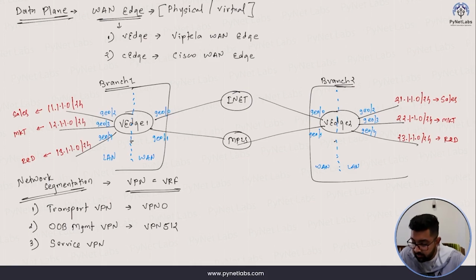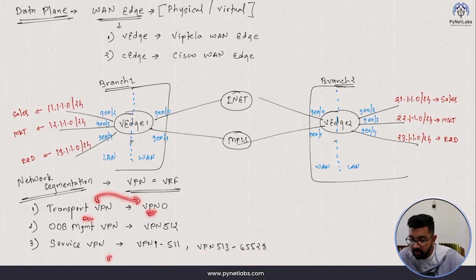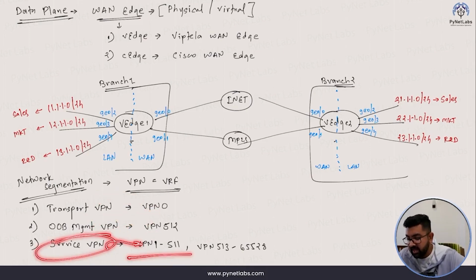And the service VPN will be anything from VPN number 1 to 65,500, or rather, since we have 512 in between, 1 to 511, and then VPN number 513 to 65,528. These are the service VPNs that can be created. Transport VPN is just one, VPN 0. Out of band management is also one, VPN 512, but service VPNs can be as many as these.